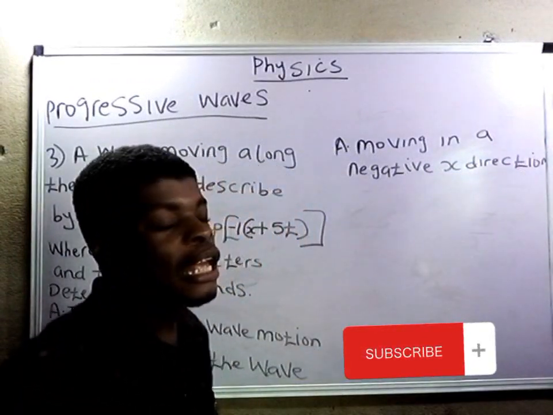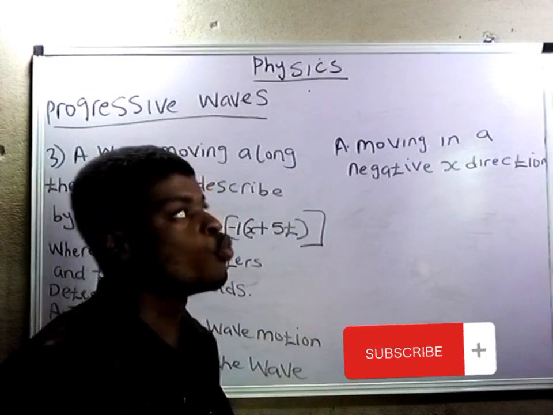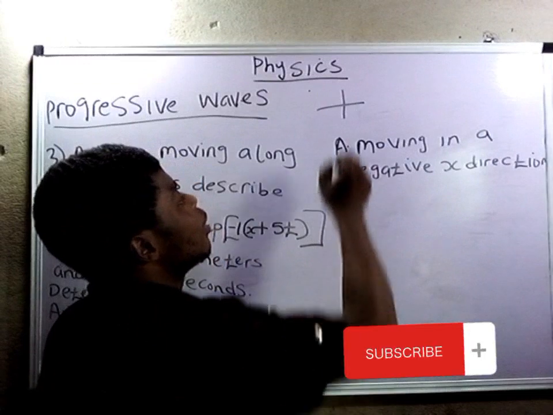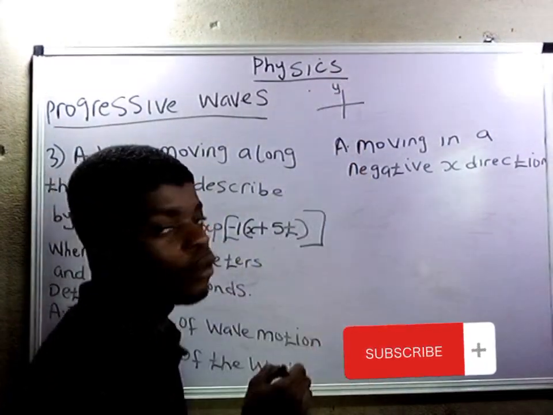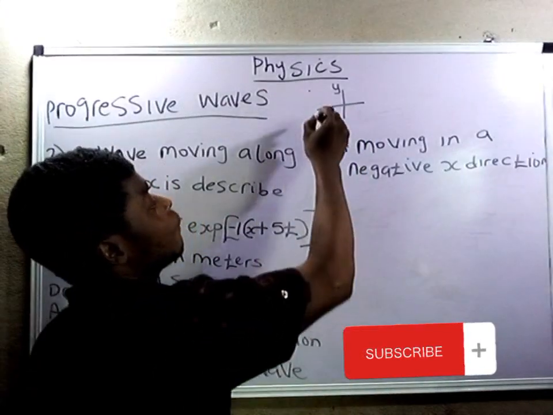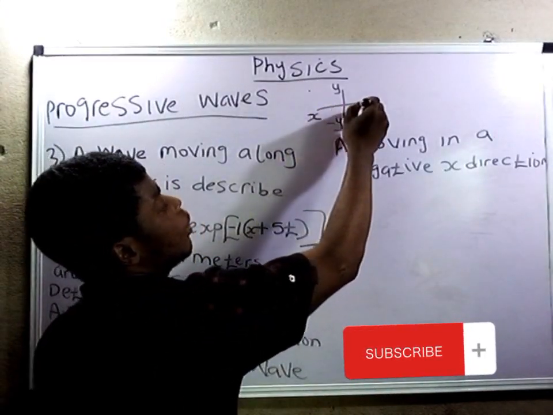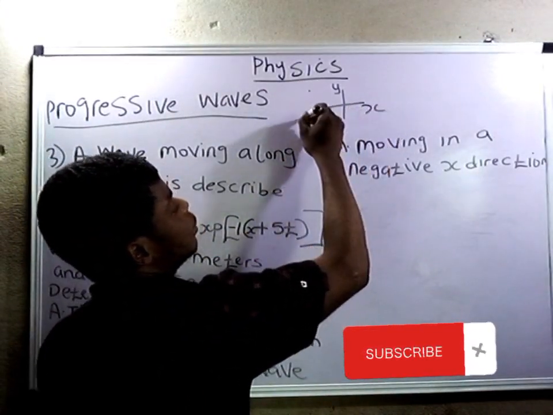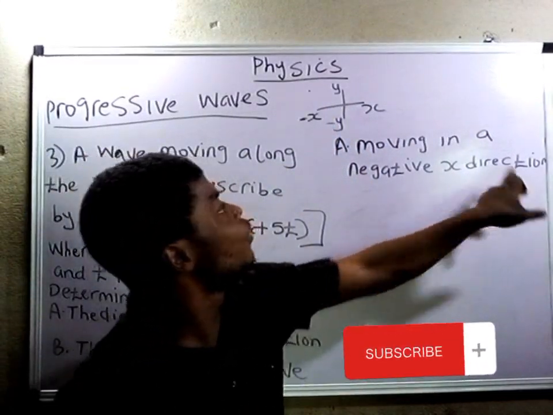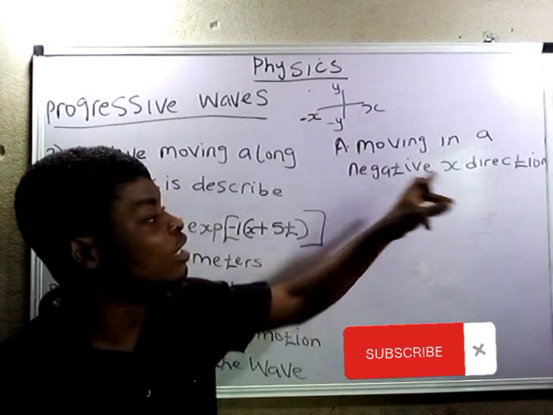But can you remember back in primary school we had a graph? Let's use a graph. We call here y, we call here minus y, we call here x, we call here minus x. So if it's moving in negative x, that means it's moving to this side, to the left.